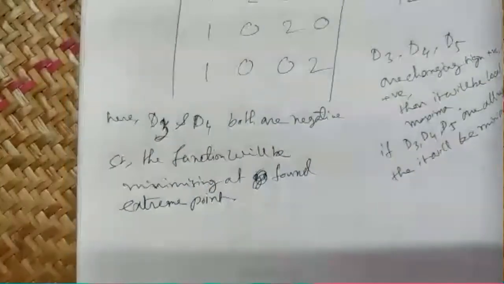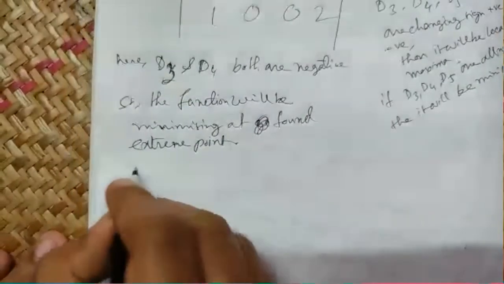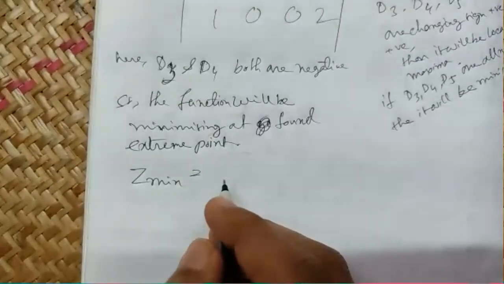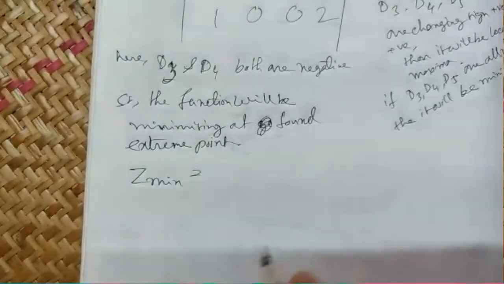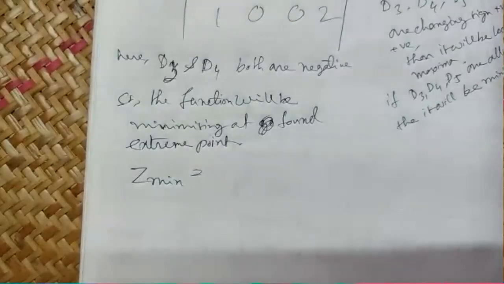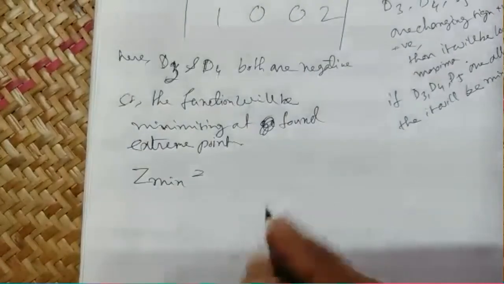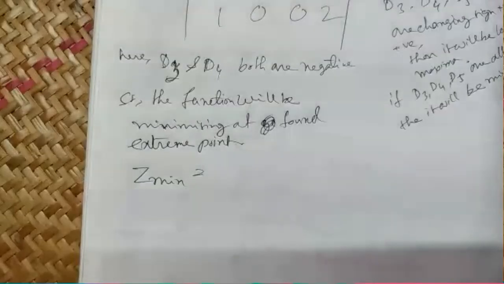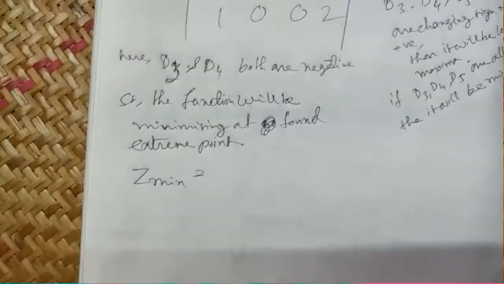Okay, so then if we want to find out z minimum, then what we have to do? We have to put the values on the function. The main function is x1 square minus 10x1 plus x2 square minus 6x2 plus x3 square minus 4x3. That was the function, no?